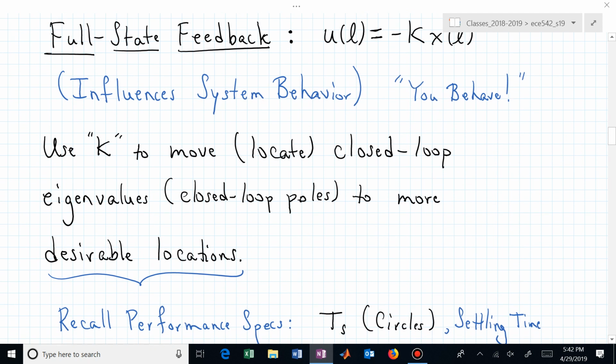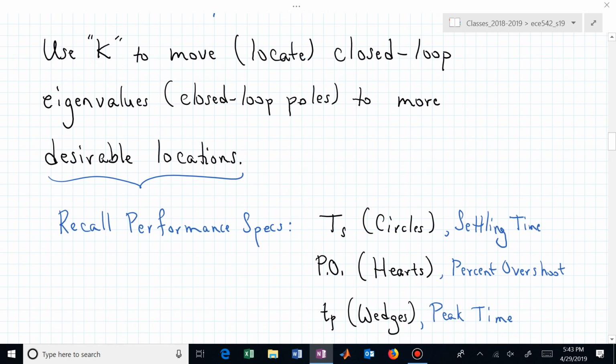And if we're trying to pick K or design K, you already know a fair amount on where you might want those closed loop poles to be located. We've already talked quite a bit about performance specifications, or circles, hearts, and wedges, or settling time, percent overshoot, and peak time.